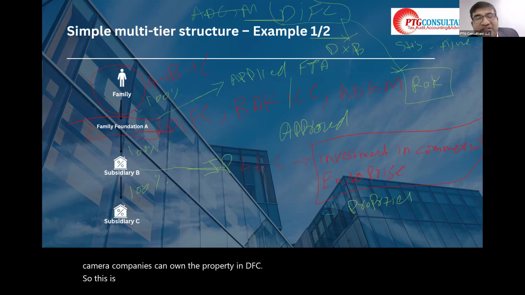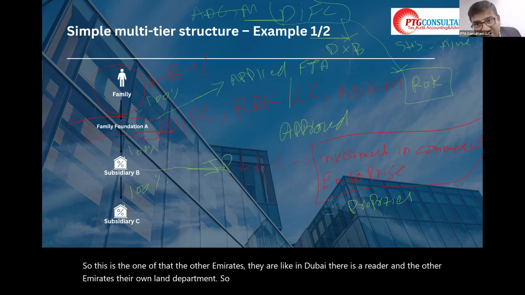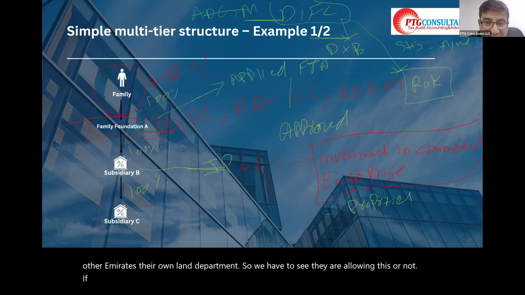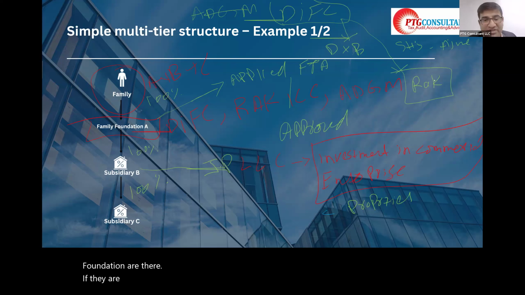The other Emirates, like in Dubai there is RERA, and the other Emirates have their own land department. So we have to see whether they are allowing this or not. If that is also not satisfied, then maybe the own condition of the DIFC where the family foundation is set up, if they are not allowing, then again we might come under breach of the condition.